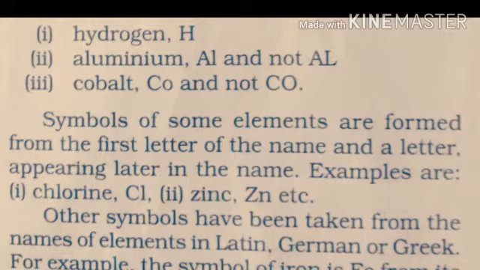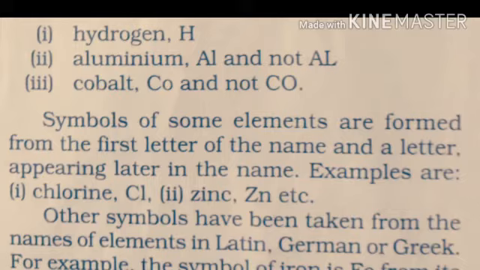The first letter of the symbol is always written as a capital letter and the second letter as a small letter. For example, hydrogen H, aluminium Al, and not as capital A and capital L. It has to be written as capital A and small l.